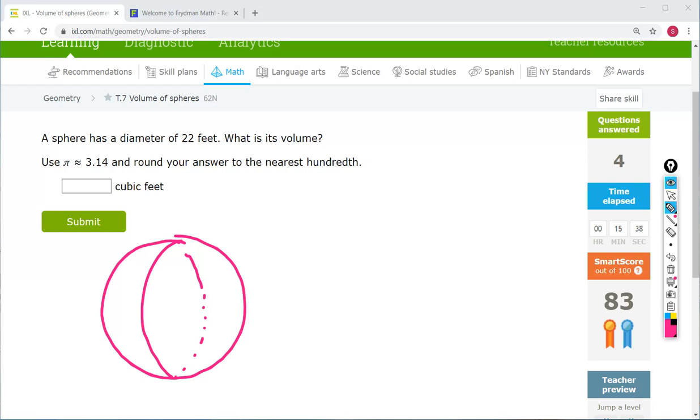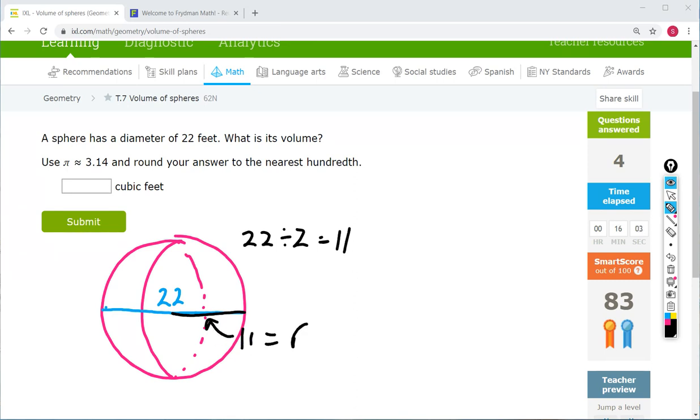Okay, so it's telling us that the diameter is 22 feet. That means this is going all the way across here. That's 22 feet, but that's not what we want. We want the radius, which should only be halfway, which means we have to do 22 and divide that by 2 to get 11. So this over here is 11.